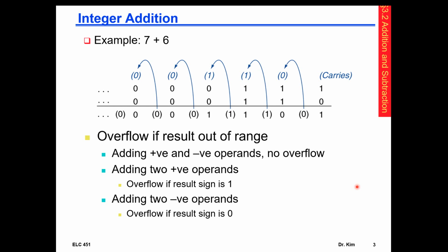That's the case where the result is more negative than both the operands, and if it doesn't fit in the storage provided, we will have an overflow. In the case of two positive numbers, this happens if the result sign is 1.